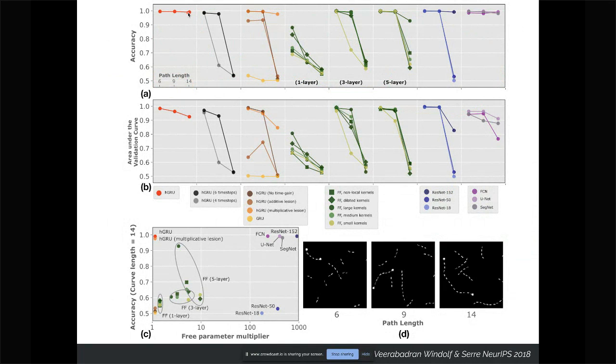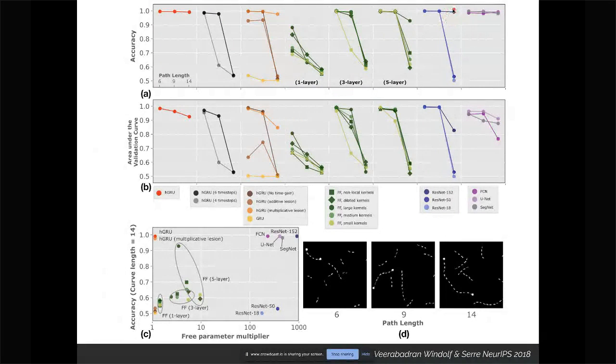Our recurrent neural network, which we called H-GRU, as in horizontal GRU, can learn the task at all contour lengths perfectly. So there is no effect of contour length on the performance of the network. I'll skip through a number of controls here. I'll bring your attention here to the ResNet, which is considered a state-of-the-art neural network. For small, short contours, we find that ResNet 18 and 50 can solve the task.